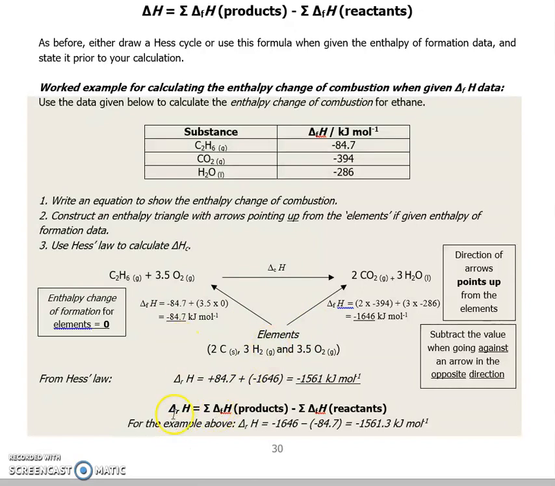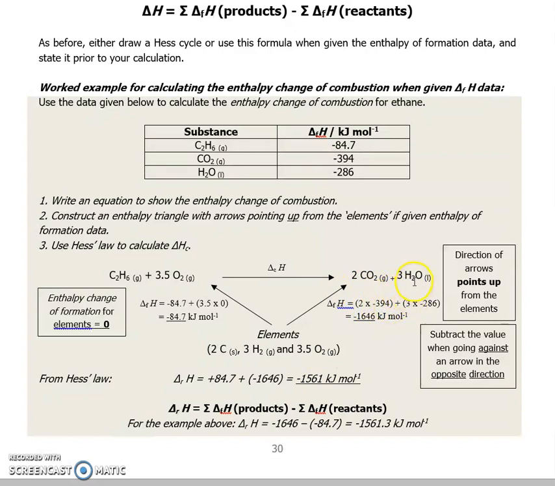So remember that the enthalpy change using enthalpy of formation data is given by the sum of the enthalpy change of formation of the products minus the enthalpy change of formation of the reactants. In this example, for the products, we've got 2 lots of carbon dioxide, 2 times minus 394.